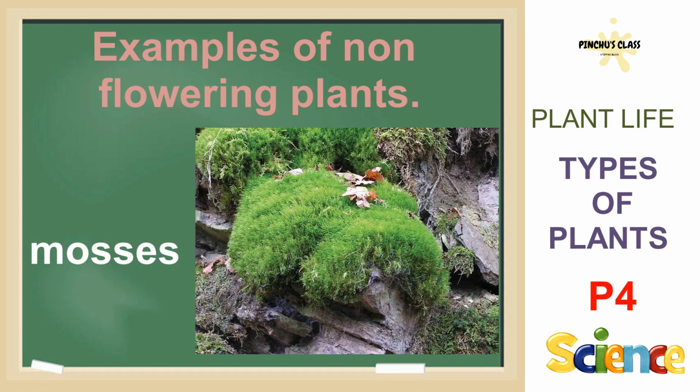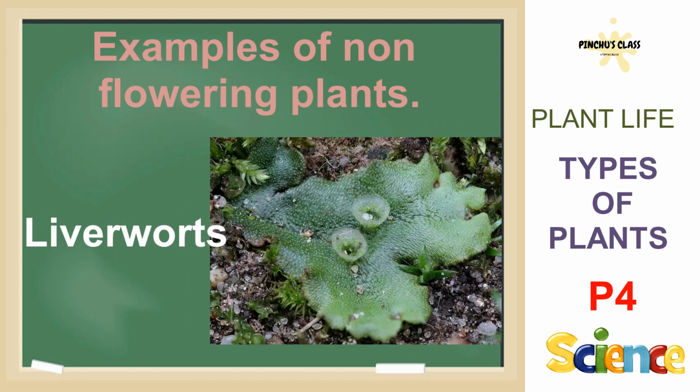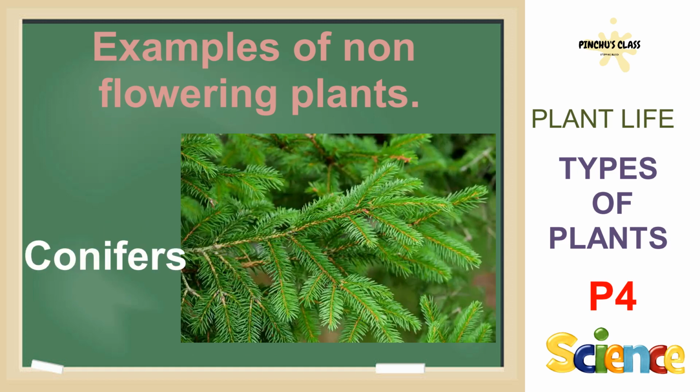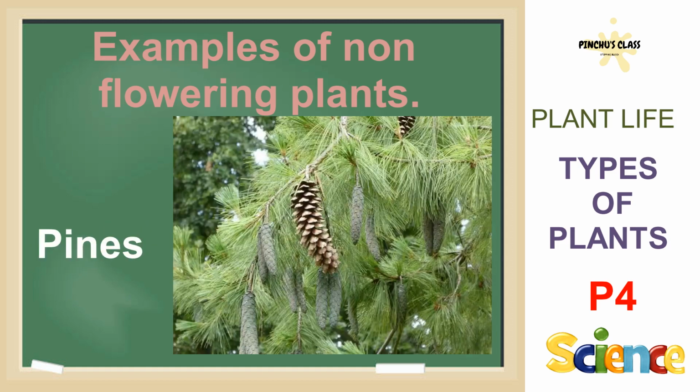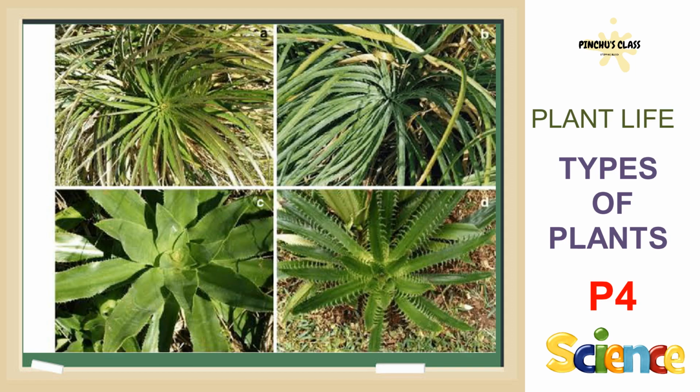The mosses, the horsetails, yes, the liverworts, the conifers, the pines, and even that tree of the eucalyptus. You normally see them, but you don't give them attention. Now, I want you to observe them whenever you're outside. Observe those plants. You will never find any flower on them.